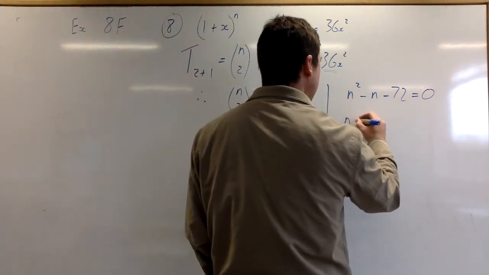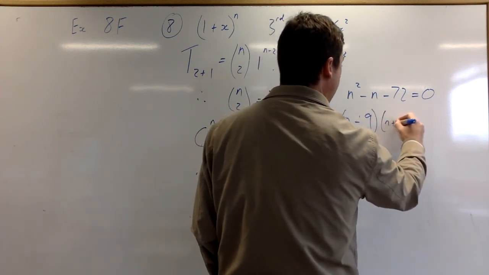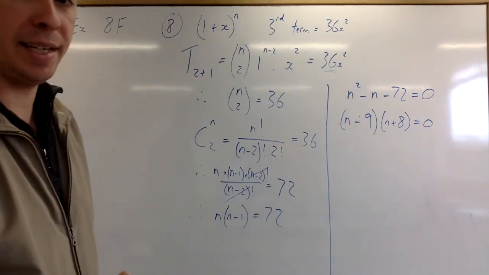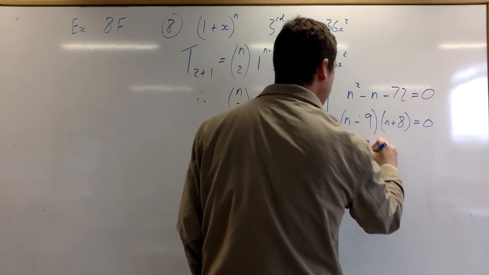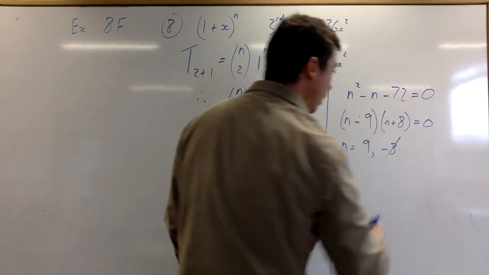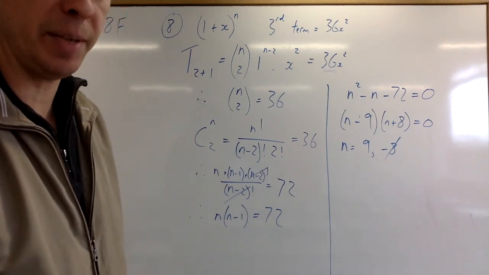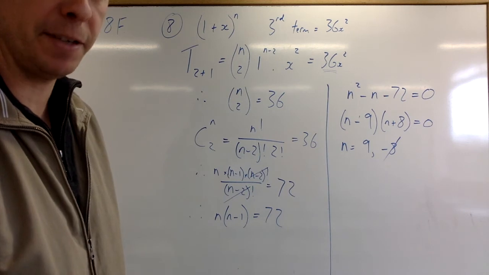We can say n minus 9, n plus 8 equals 0. Therefore n is 9. Well, there's two solutions here. N equals 9 or minus 8, but we're not Isaac Newton here. We're not going to be using negatives in our binomial expansion, right?